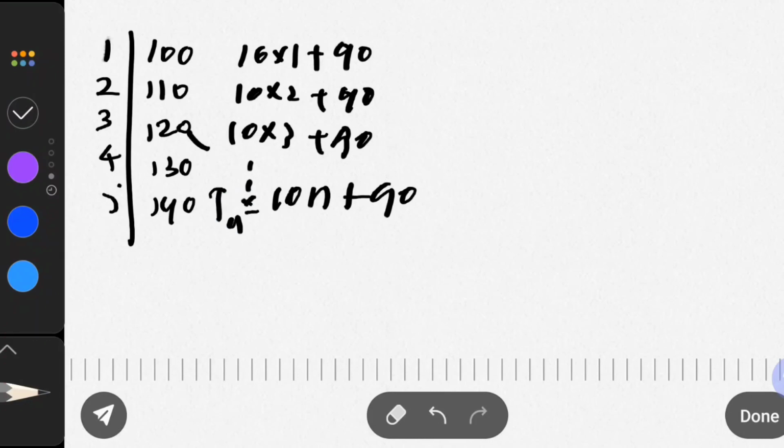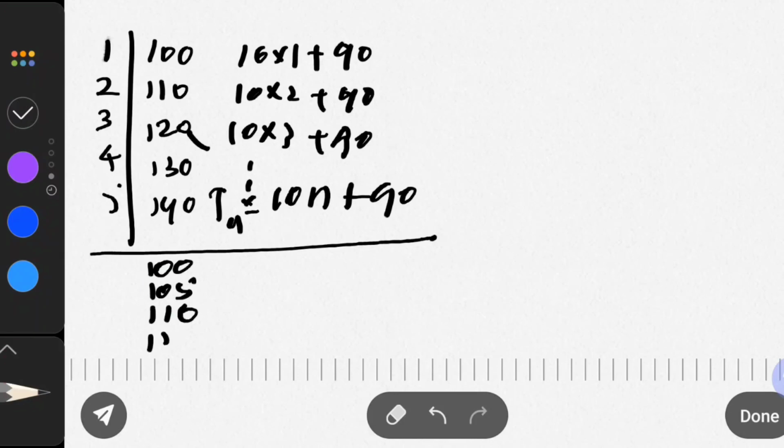Indunil's savings will be something similar. I'll just write it down here below. She is also starting with 100, but next week she will have 105, 110, 115, and 120.